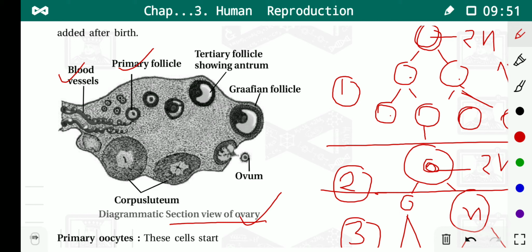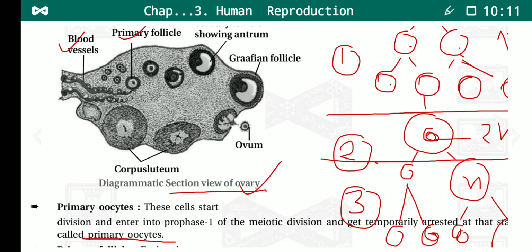During the development of the fetus, approximately 2 to 3 million cells are produced, and they remain in the prophase first stage. After birth, there is no formation of new cells.